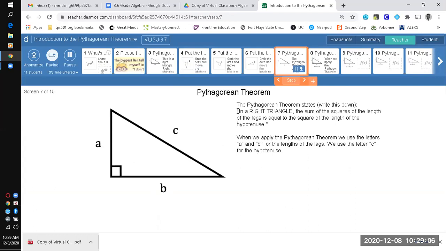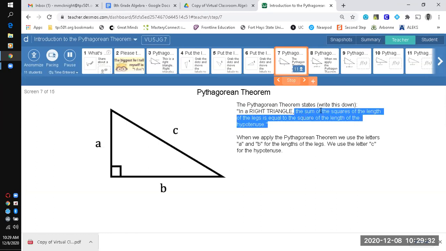In this first part, it states that in a right triangle, the sum of the squares of the length of the legs is equal to the square of the length of the hypotenuse. I'm intrigued to see how you would write an equation to resemble what this is saying.